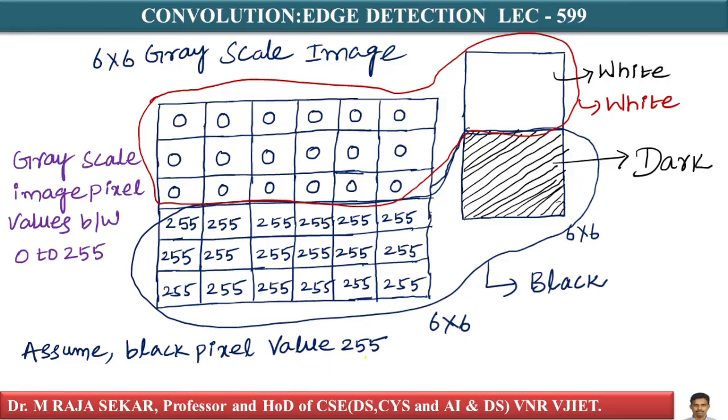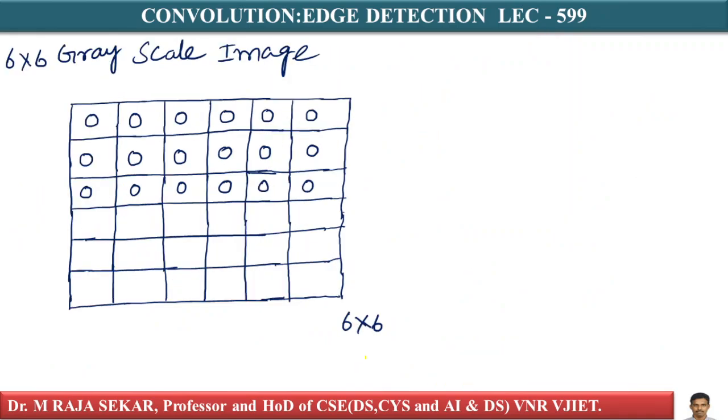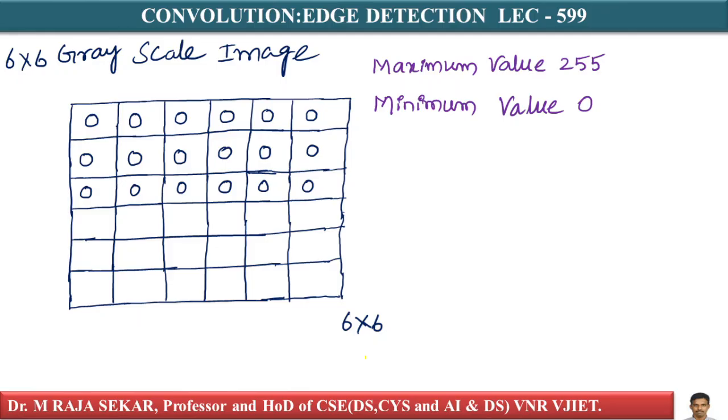This is a simple grayscale image. Of course, you can also scale this grayscale image, whose values are 0 to 255. You can scale it to 0 to 1 by normalizing the image, because the maximum value is 255 and the minimum value is 0.